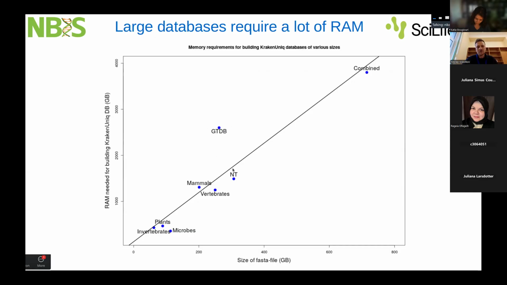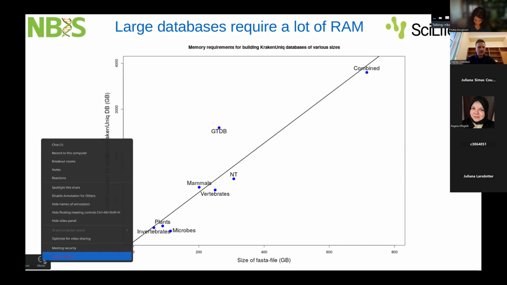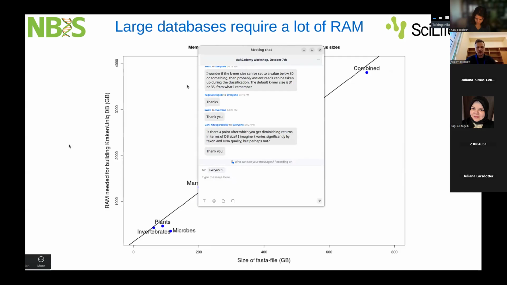They provide these databases individually, and their query reads are exposed against each database individually. Then there's a smart way to overlap: you can run your classification against these databases separately, but then you have to overlap the outputs somehow and remove the redundant reads that map to more than one database. That's a potential workaround.